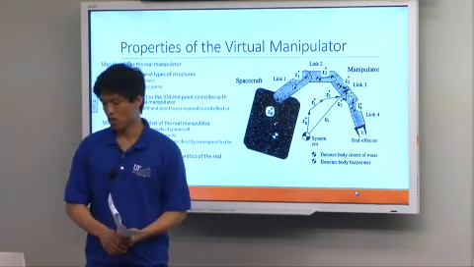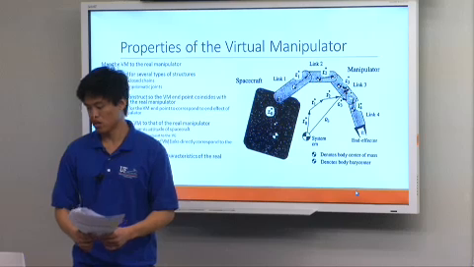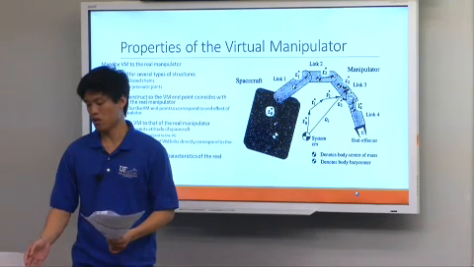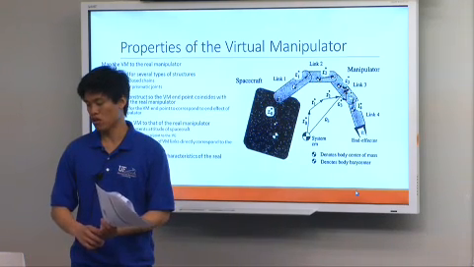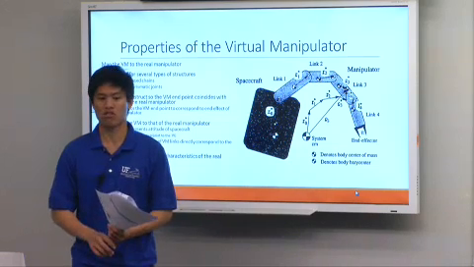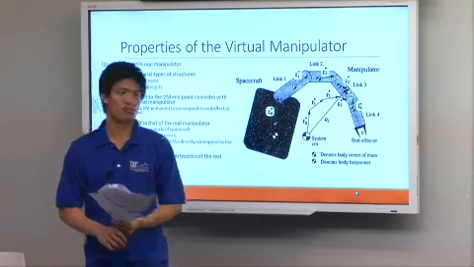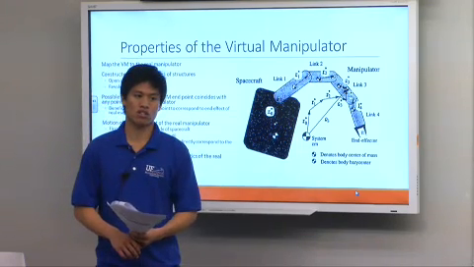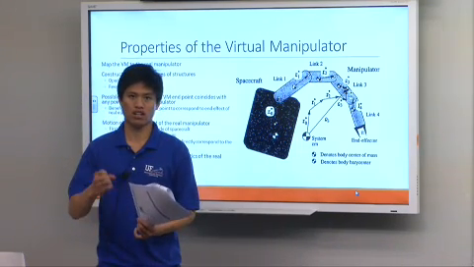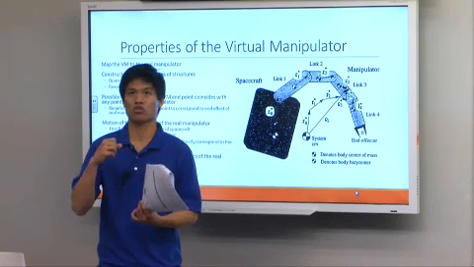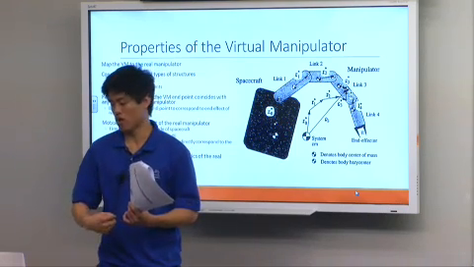I said previously that the motion of the virtual manipulator corresponds to the real manipulator, in that its first link represents the attitude of the spacecraft base. How we model that in the virtual manipulator is that the first link is connected to a spherical joint attached to the virtual ground.